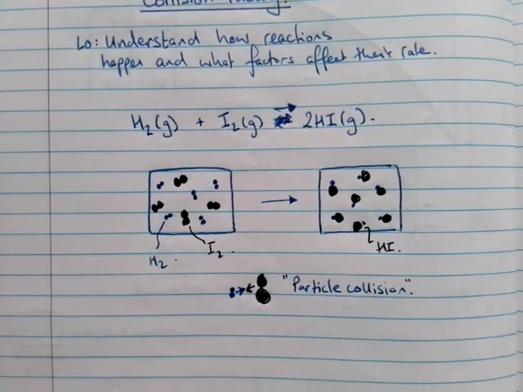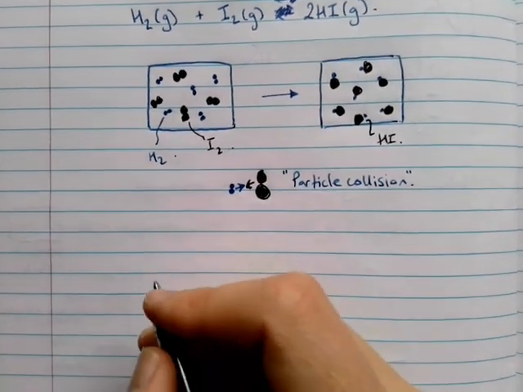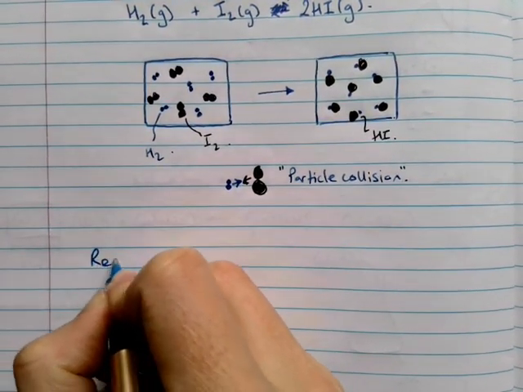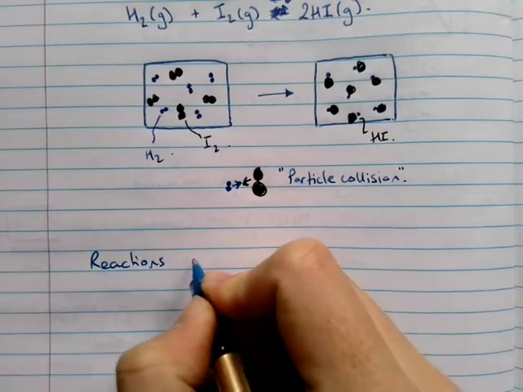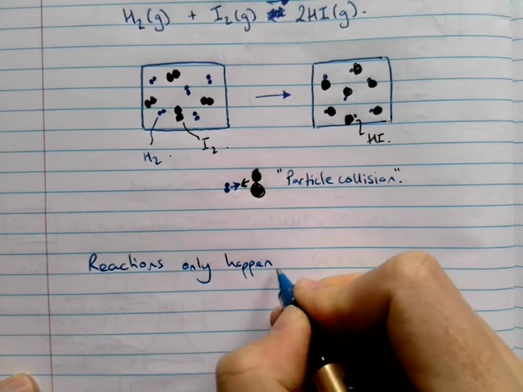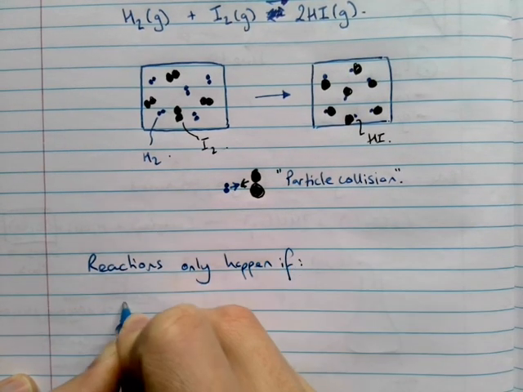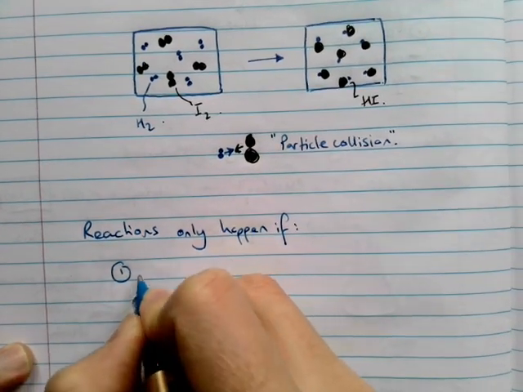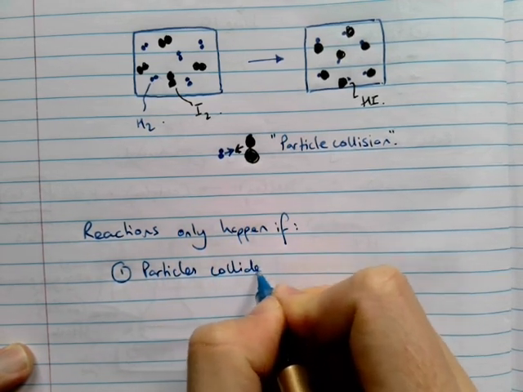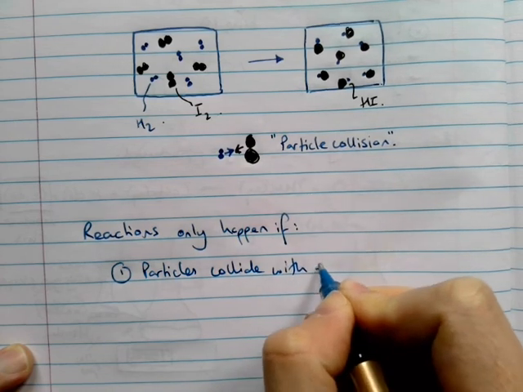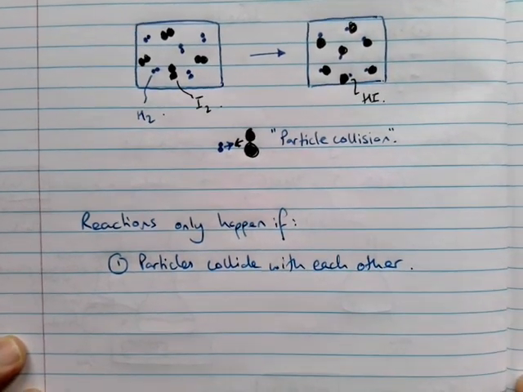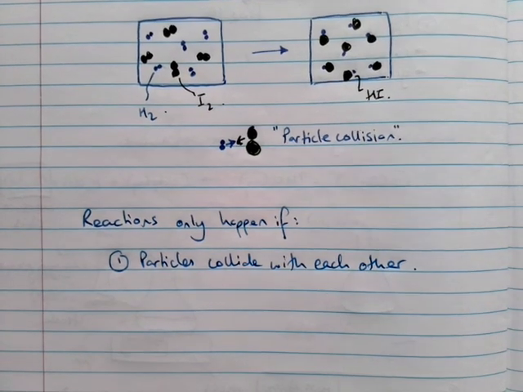So what we can say is, down here, I'm going to write: reactions only happen if, number one, particles collide with each other. So that is my first requirement for a reaction. The particles have to collide with each other.